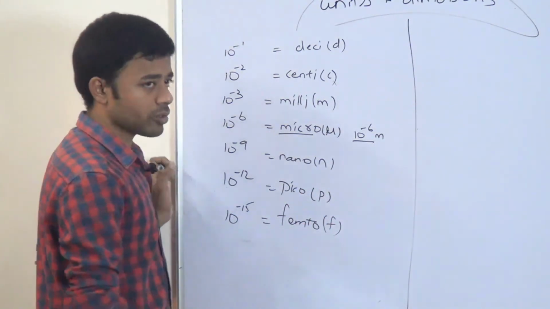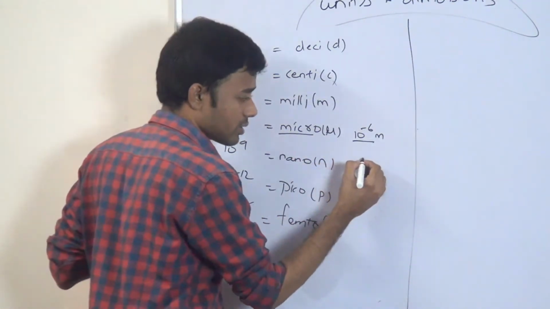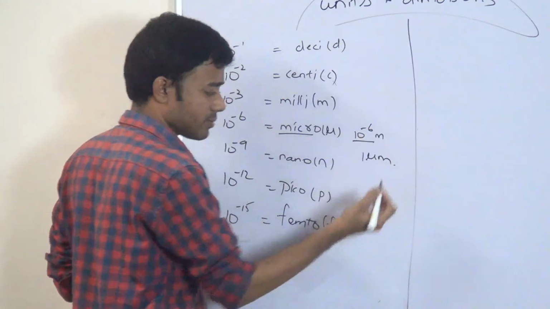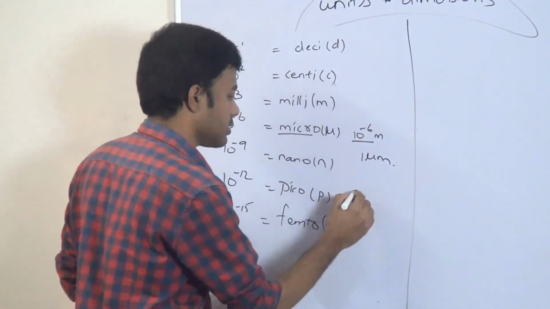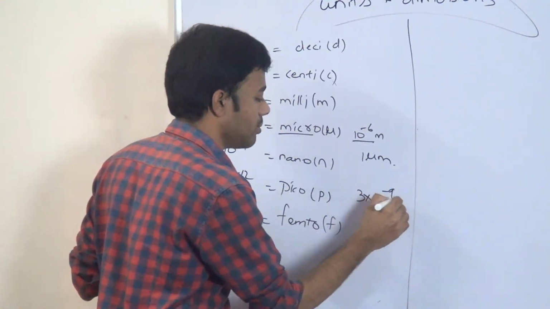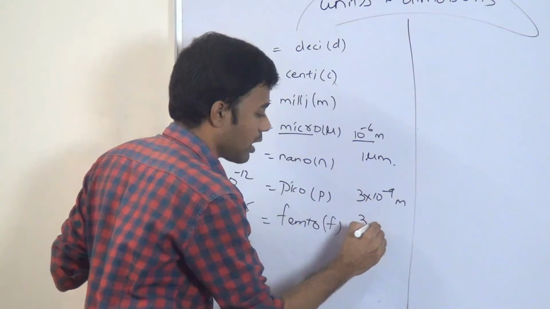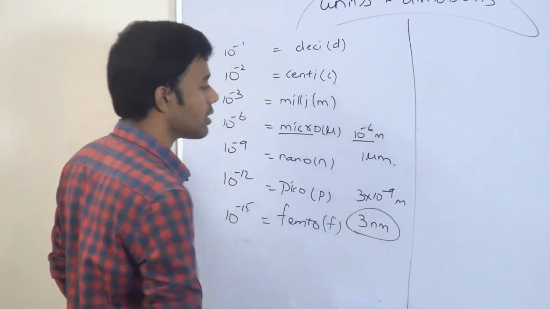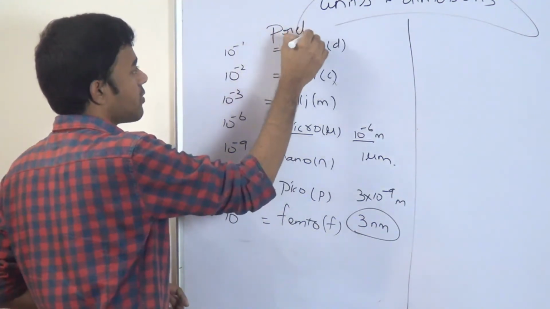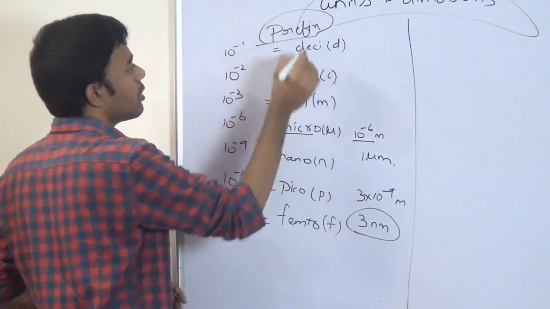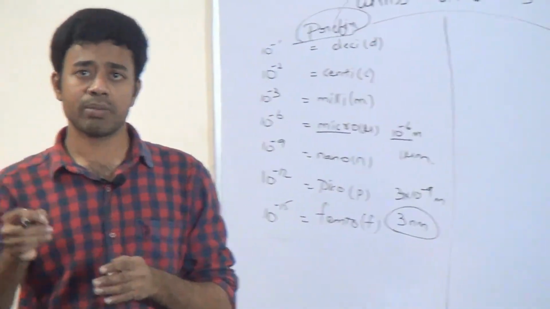If you want to indicate a length of 10 to the power of minus 6 meters, you will write it like this, 1 micrometer. If you want to indicate a physical quantity like 3 into 10 to the power of minus 9 meters, you can indicate it as 3 nanometers. These are called prefixes. These prefixes should be added in front of those units to indicate those physical quantities in a simple manner.